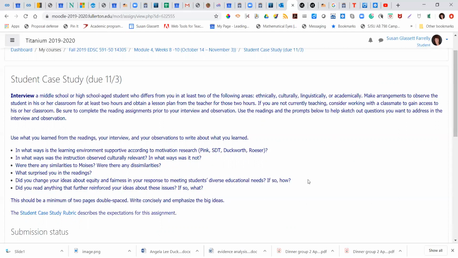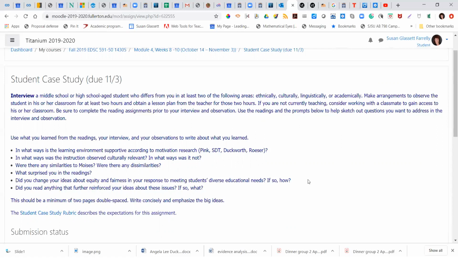But I want your student to differ from you in at least 2 of the following areas: ethnically, culturally, linguistically, or academically. And those are pretty broad definitions, but I want this to be someone who's different than you. So if you were a high overachiever in school, always knocking down the A's, I don't want this to be an A student. I want this to be someone different than you.